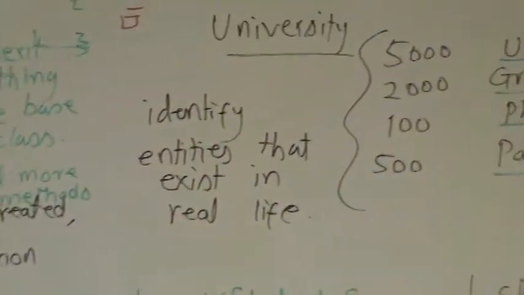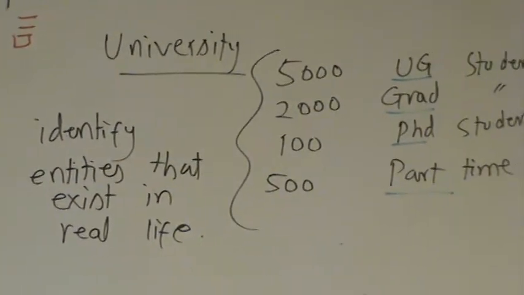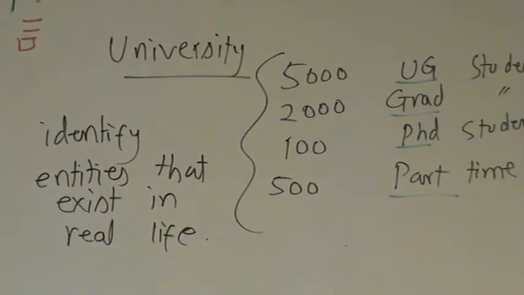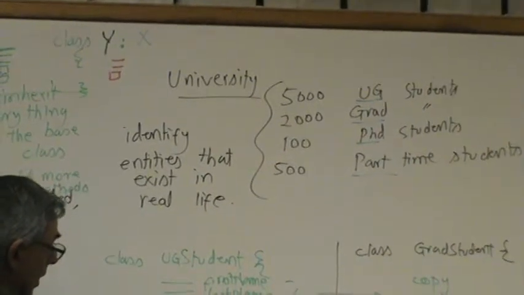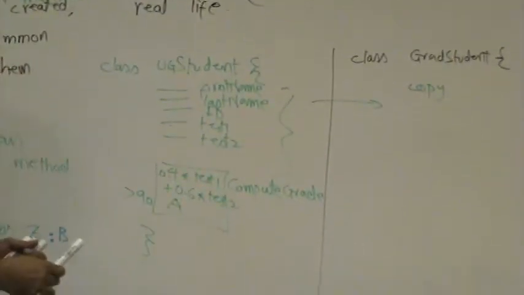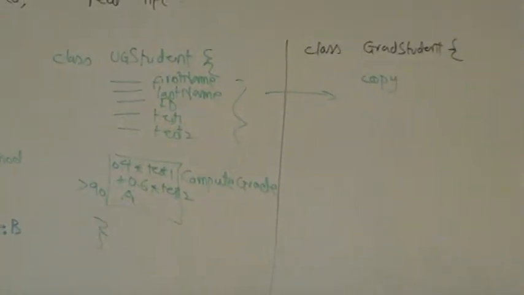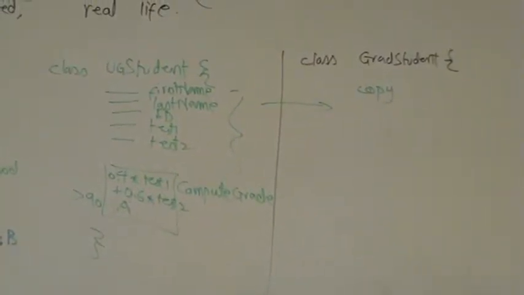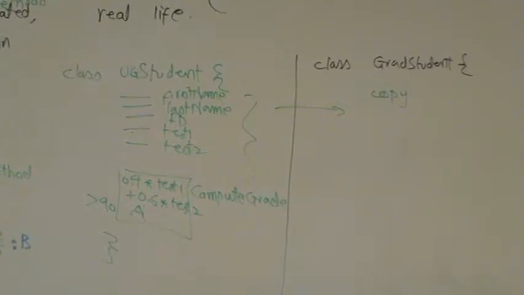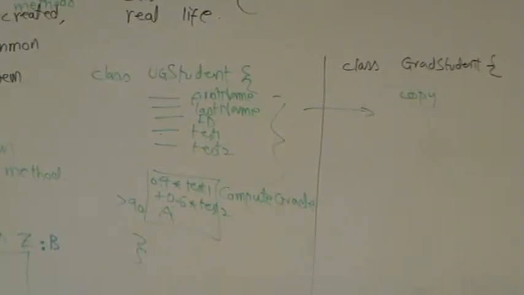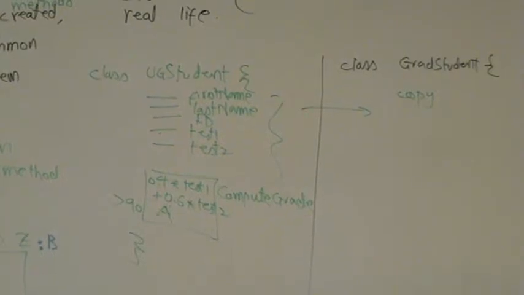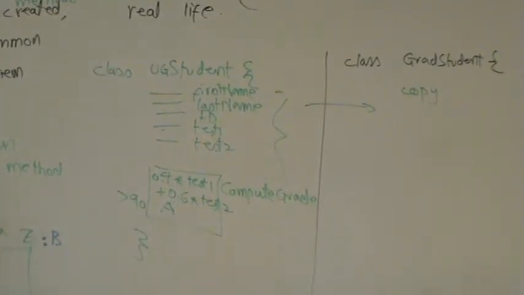So now let's come to the university class, okay? Suppose you were creating this application. You created one class for the undergrad students with the 5 fields, and you wrote some method, okay? So let me point out one more thing. If you are given the task to create a new application, what classes will you be creating?